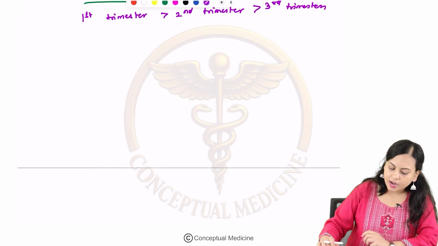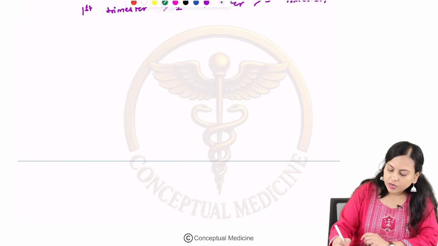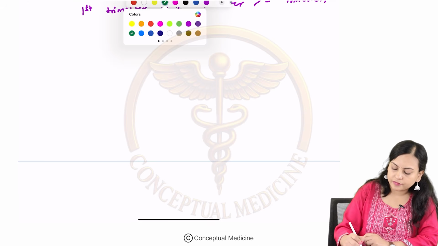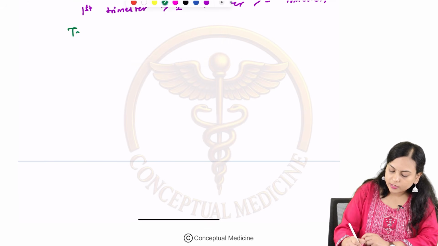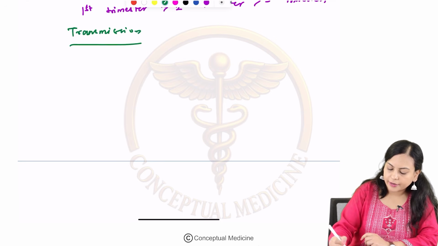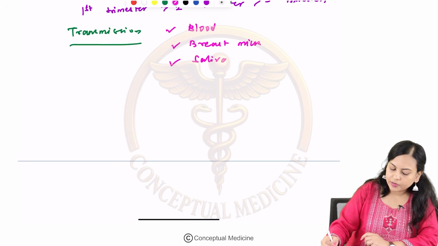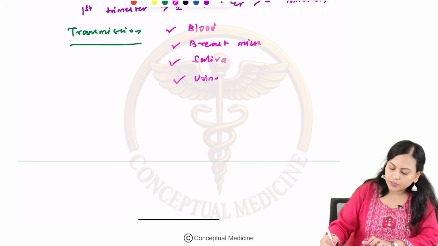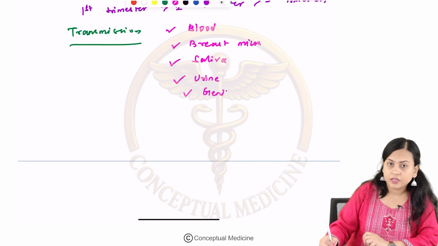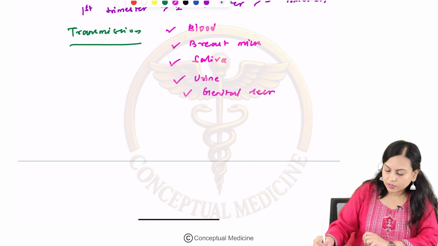Okay, and then how can the transmission occur? Transmission can occur via blood or breast milk or saliva, urine and genital secretions.